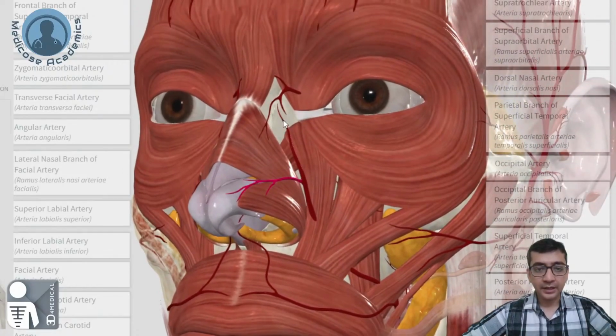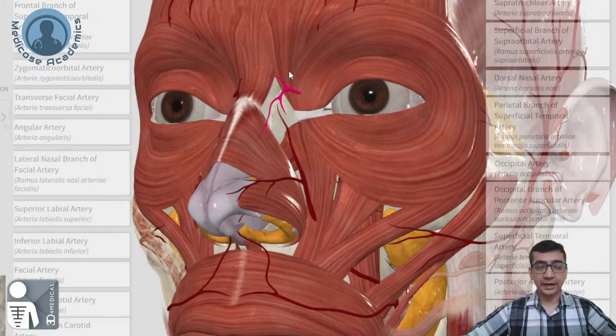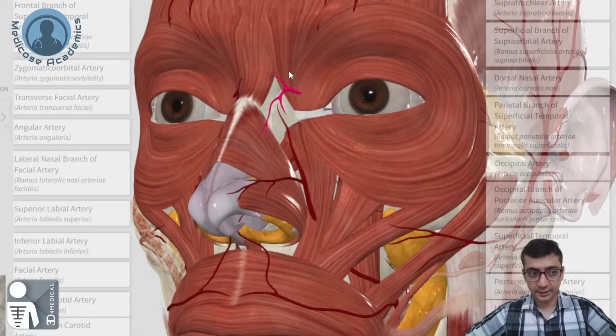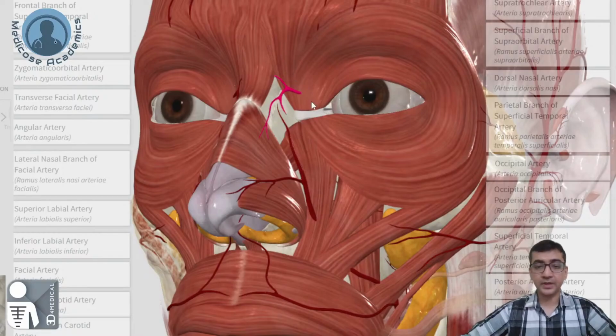And it ends here, terminating at the medial angle of the eye. It may communicate with the artery exiting the orbit, that is known as the dorsal nasal artery. Keep in mind the artery exiting here and the nerve exiting here have different names. The artery is the dorsal nasal artery. The nerve that was exiting here was the infratrochlear nerve.